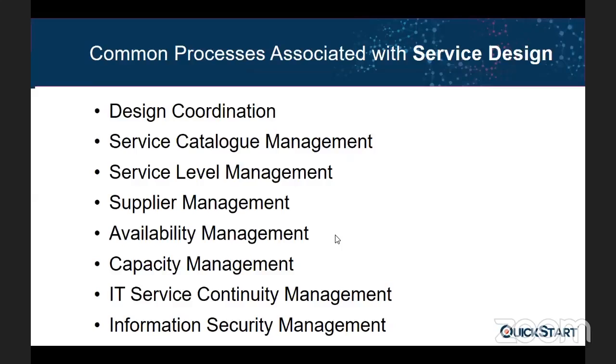There are different processes, just like in the strategy phase. Some of the common processes associated with service design are design coordination, where you coordinate among all these stakeholders and see what is needed and required. Service catalog management is basically the list of all the services which you are currently offering. So it's like a brochure where you have the details of all the services available and their deliverables, contact information, and pricing information.